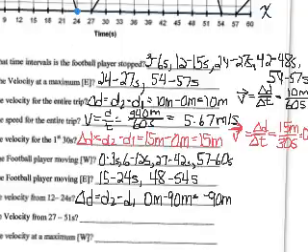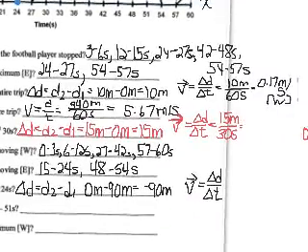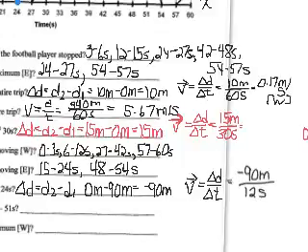All right, so we're going to figure out our velocity, which equals delta D over delta T. I'm going to move over a bit here. So now we figured out the distance, so negative 90 meters divided by the time. So between 12 and 24, how much time is that? Well, it's 12 seconds.